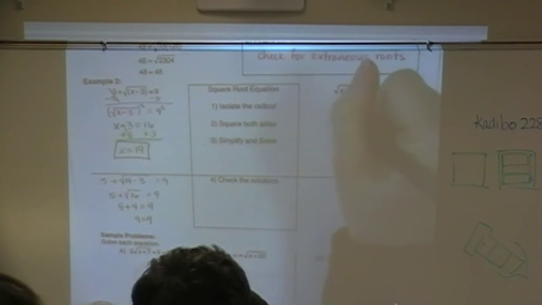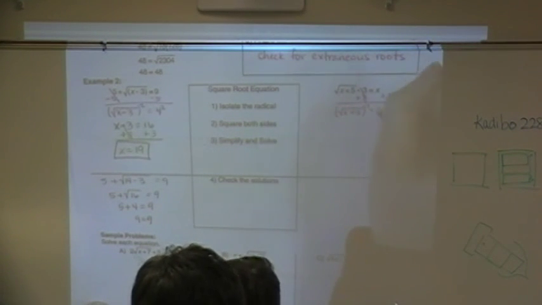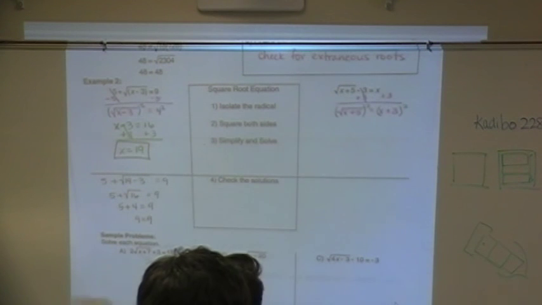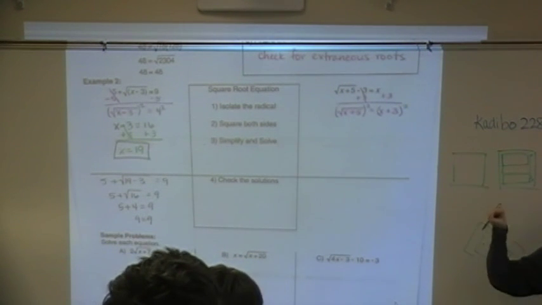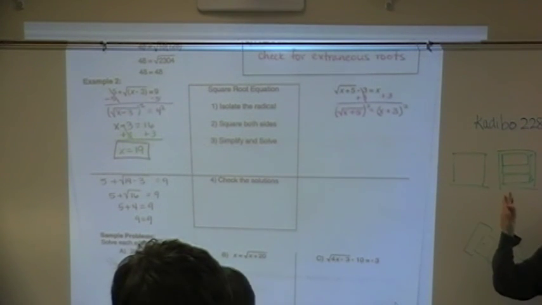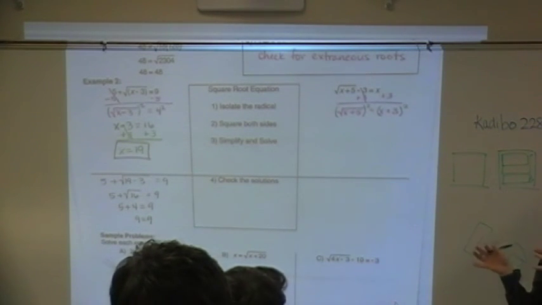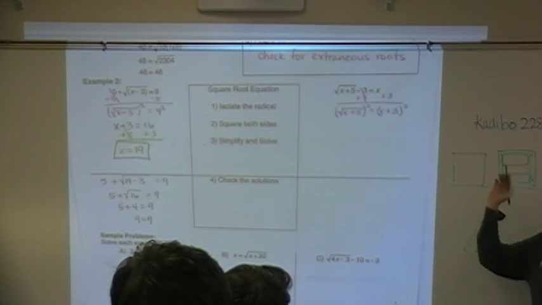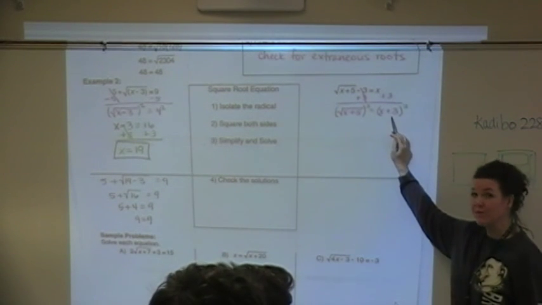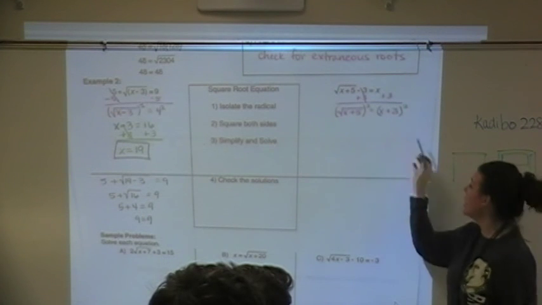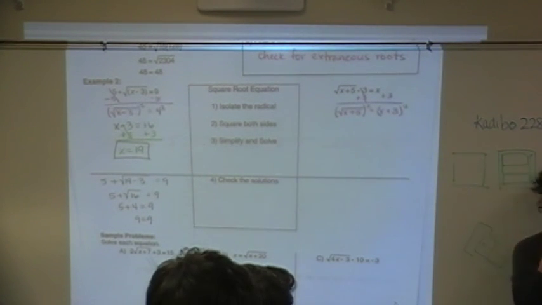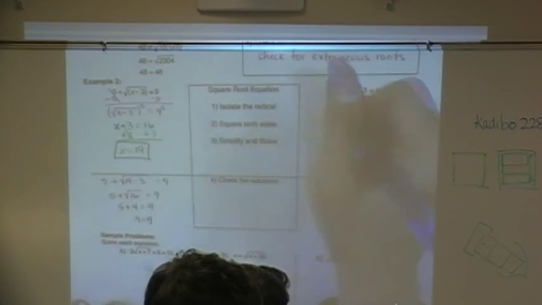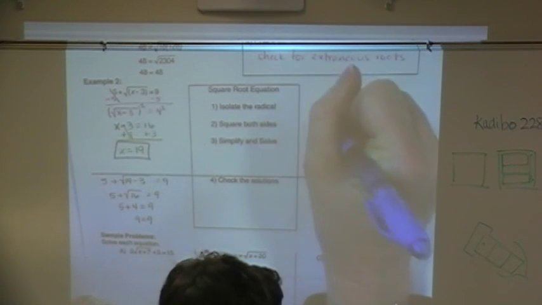I'm gonna square both sides. When I moved that 3 over to the other side, it grouped with what was already over there. So this now becomes a binomial that I'm going to have to FOIL. On the left-hand side, squaring it just cancels the radical, so I just have x plus 5 on the left.